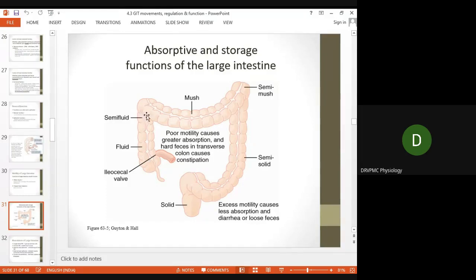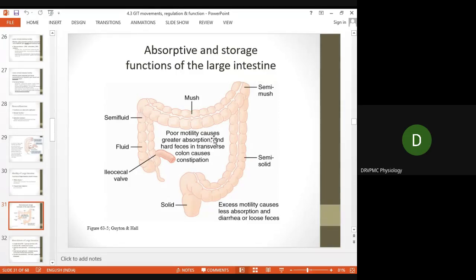Then near the hepatic flexure it becomes semi-fluid. Then along the transverse colon much more fluid is absorbed, and it becomes mushy. Near the splenic flexure it is semi-mushy, and as it goes into the descending colon it becomes semi-solid. Terminally, when it goes into the rectum and anal canal, it becomes solid. So mainly the large intestine absorbs the fluid.